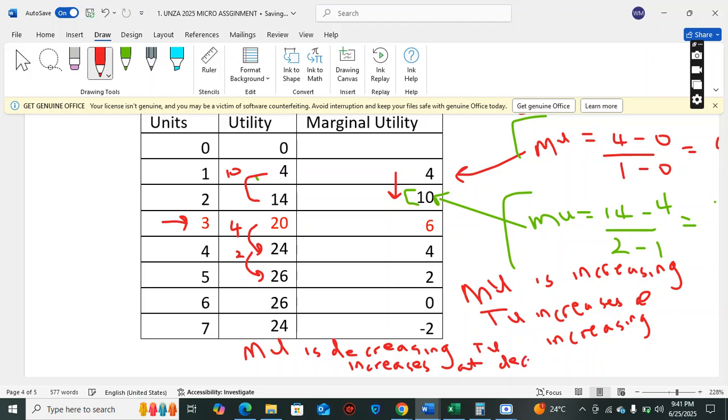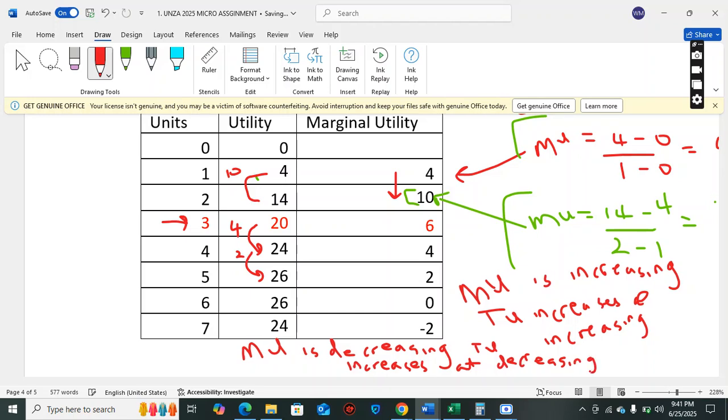These same principles we are going to apply also in the production theory for marginal product and total product, when we're doing the law of diminishing marginal returns. So when marginal utility starts to decrease, total utility increases at a decreasing rate. Then eventually total utility will fall.